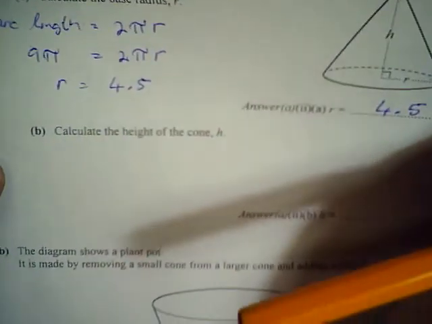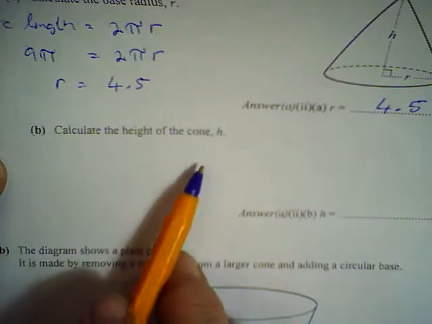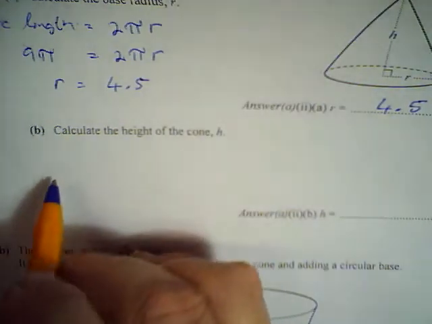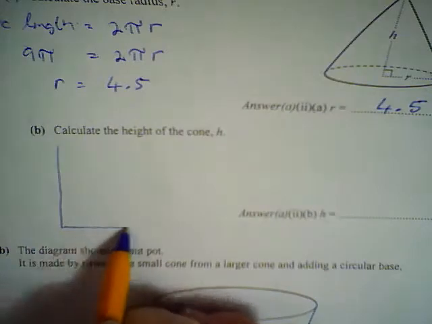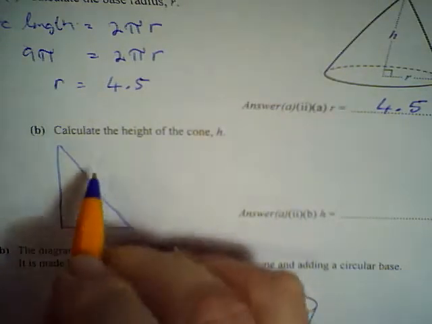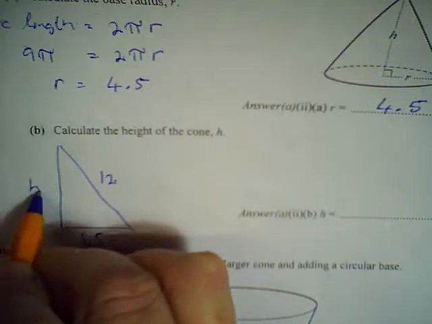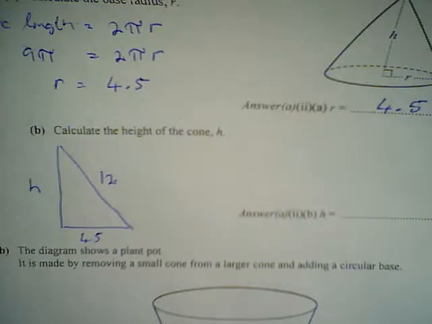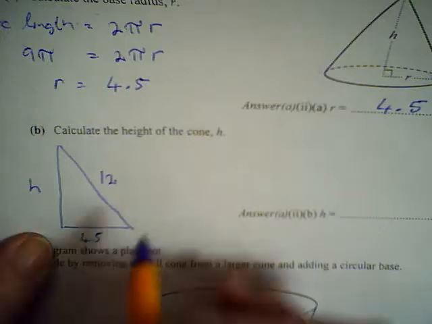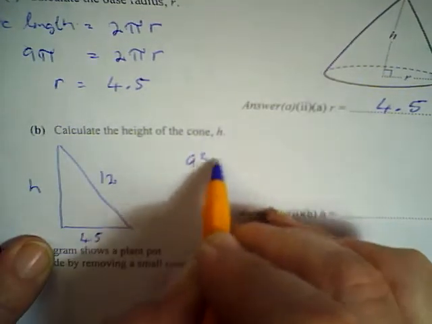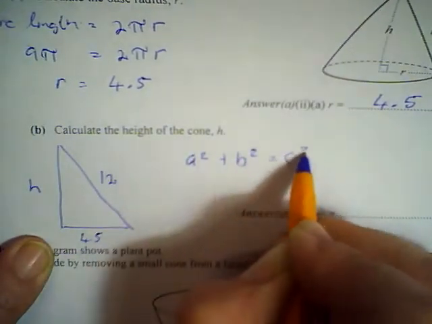Good, so now they ask us to calculate the height of the cone. Well, let's just quickly draw a little triangle there. If I have that as 12 and I have that as 4.5, I have that as h. We can use Pythagorean theorem to calculate the height. So a squared plus b squared equals c squared.